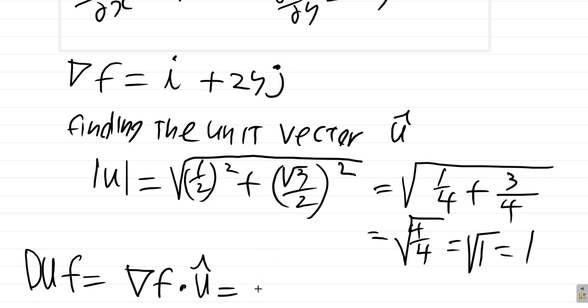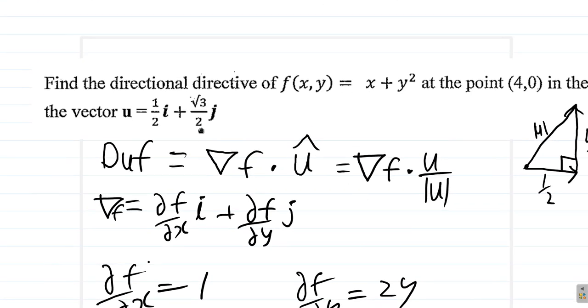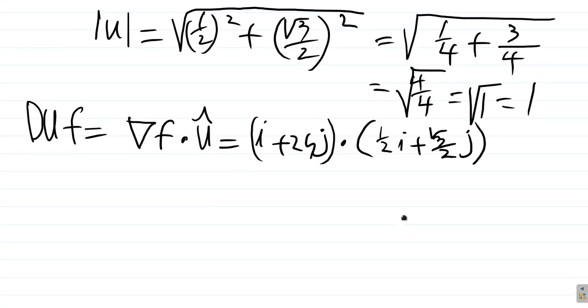In this case, it is (i + 2yj) dot (half i + square root of 3 over 2 j). Remember, when you dot two vectors, it is i times i plus j times j plus k times k.